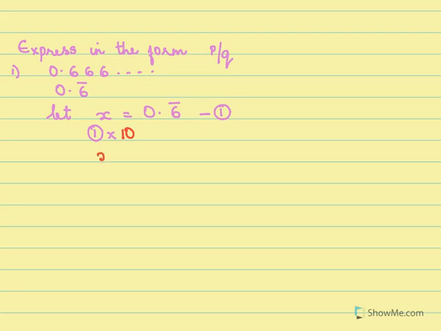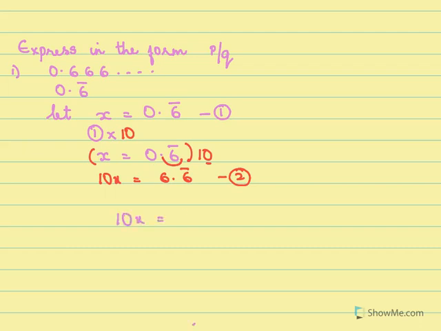So now I will get x equal to 0.6 bar, and I'm going to multiply it by 10. So it will be 10x equal to, since I multiply by 10, the decimal will come up here, so it will be 6.6 bar. This is equation 2.